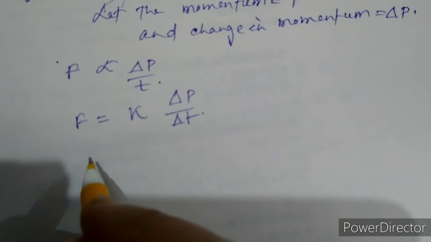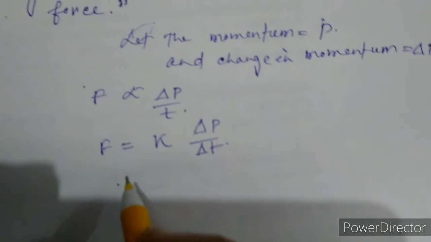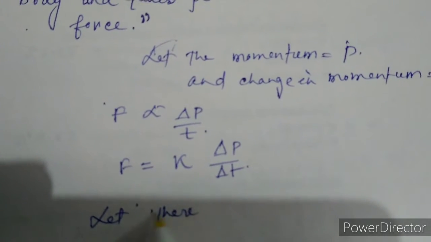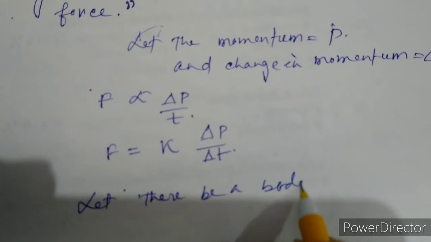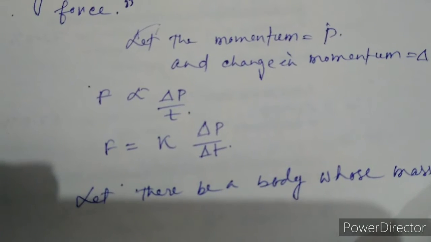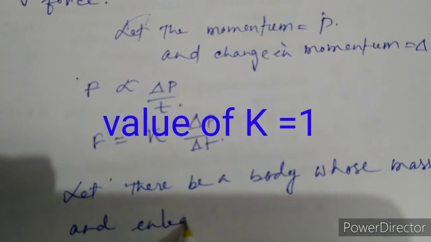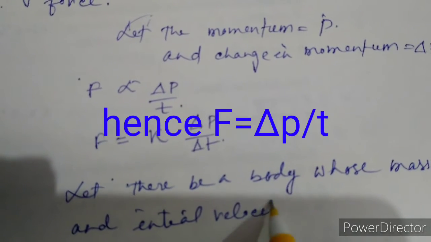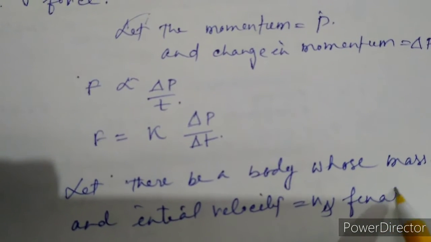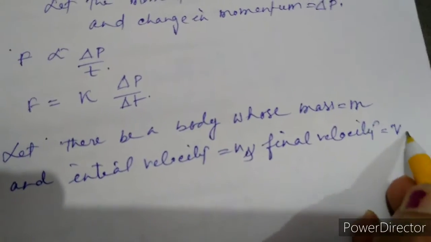Now again you know that F is the rate of change of momentum. Suppose there is a body whose mass is equal to m, and initial velocity is equal to u and final velocity is equal to v.